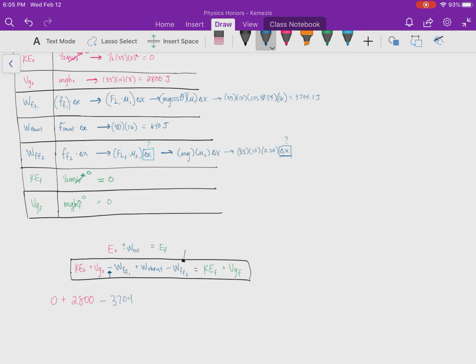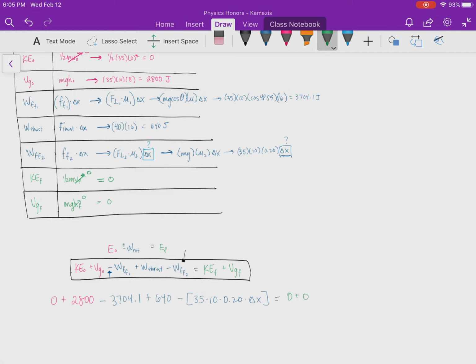So we got 3704.1. We are adding the work of the thrust, 640. We are subtracting, and then order of operations, 35 times 10 times 0.2 times delta x. And the other side of our equation is 0 plus 0.